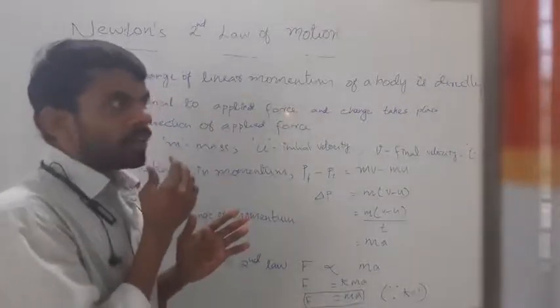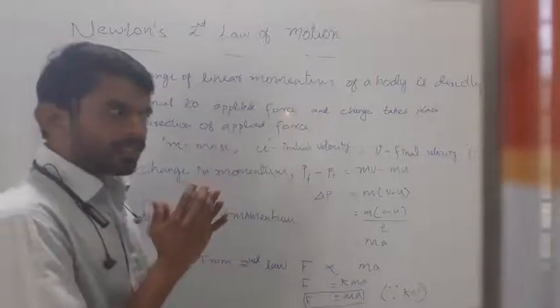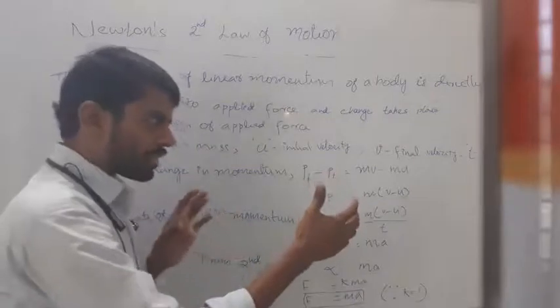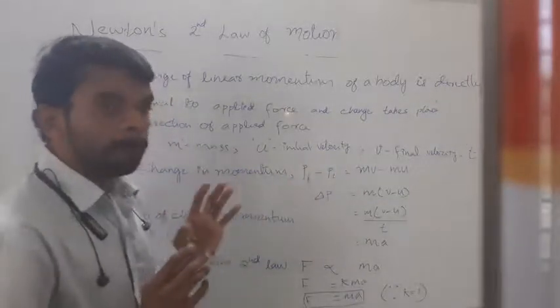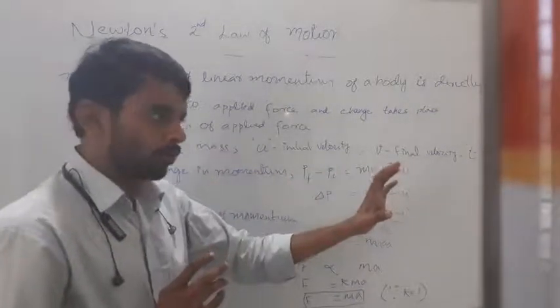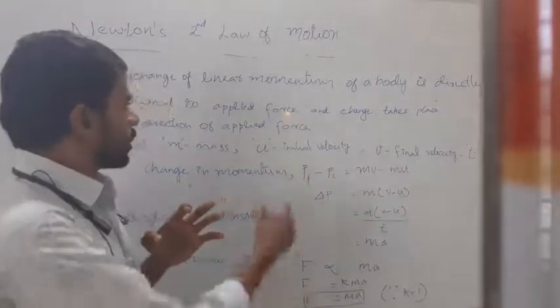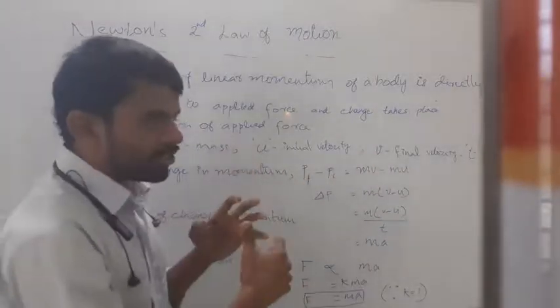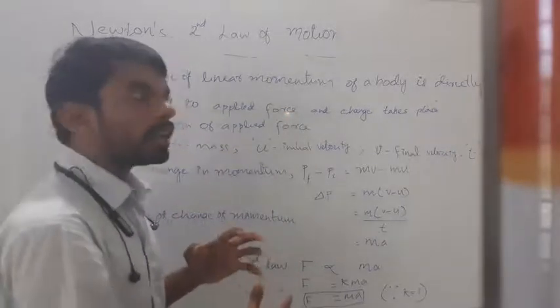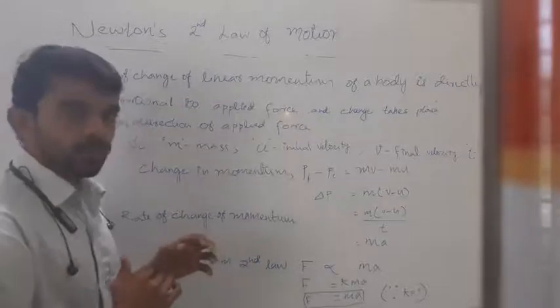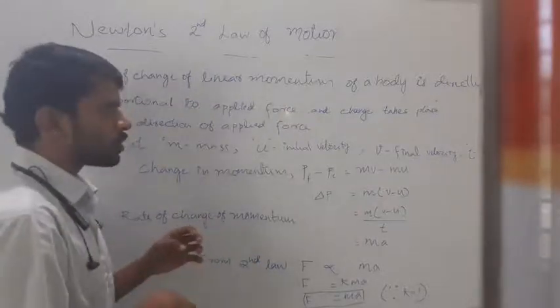If the change in momentum is positive, then the force is acted in the direction of velocity. If the change in momentum is negative, then the force is acted opposite to the direction of velocity. That we will discuss one more time.